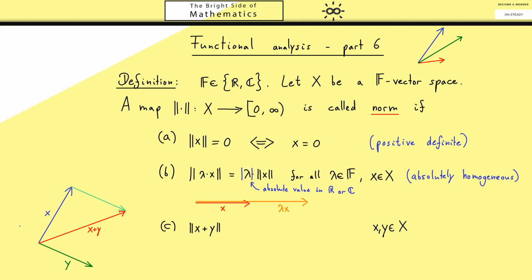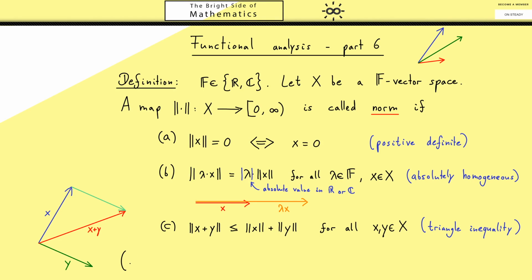Then you see the triangle here and you think that the length, the norm, should fulfill the normal geometry in this sense. This means that it satisfies the triangle inequality. It looks similar to what we have for the metric, but keep in mind, here it's with respect to the vector addition. Therefore, the norm is not a linear map in general, because you can pull out the addition, but what you get is only an inequality.